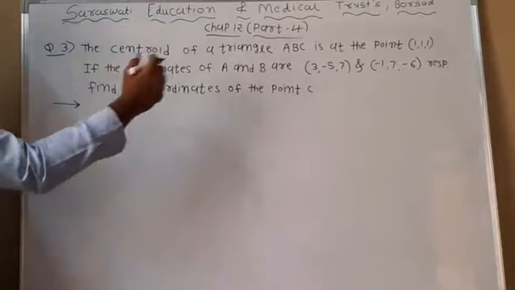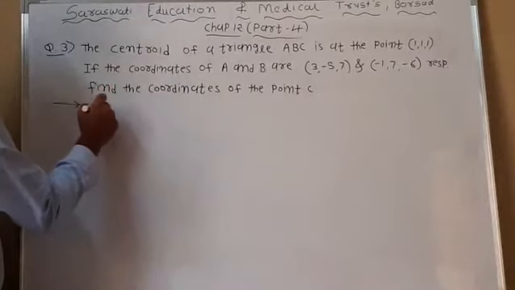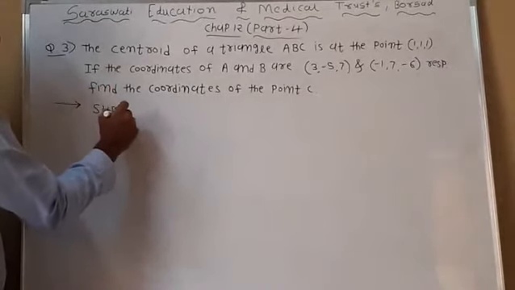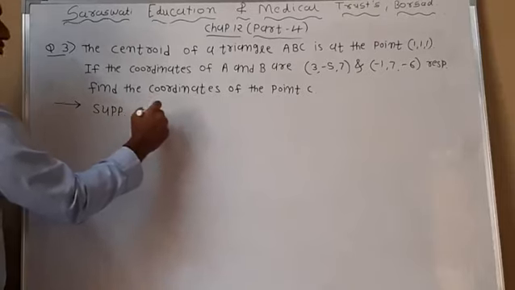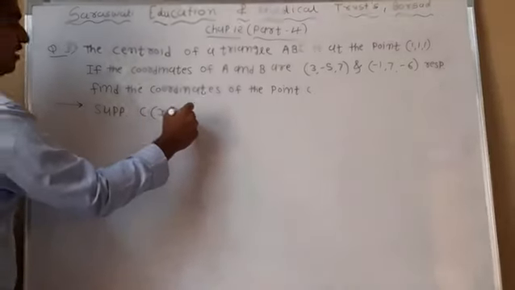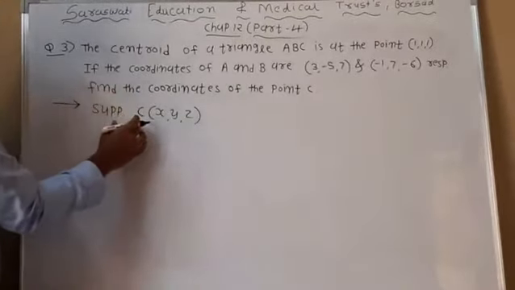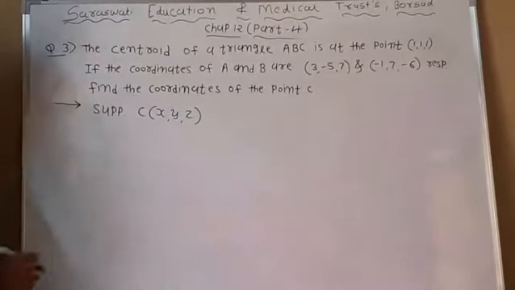So first, suppose C is (x, y, z). That means for the C coordinates, we can consider x, y and z.